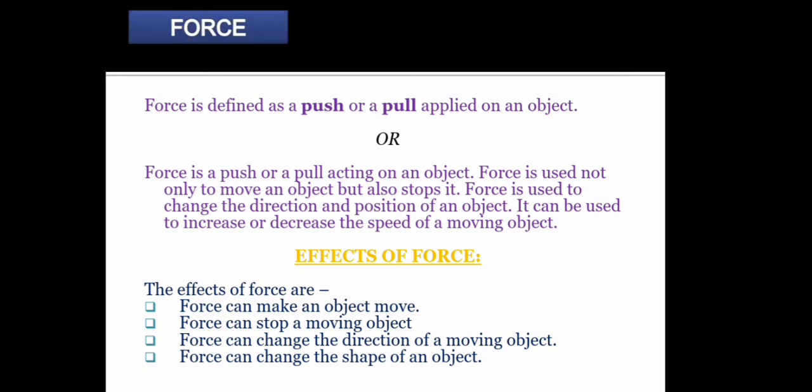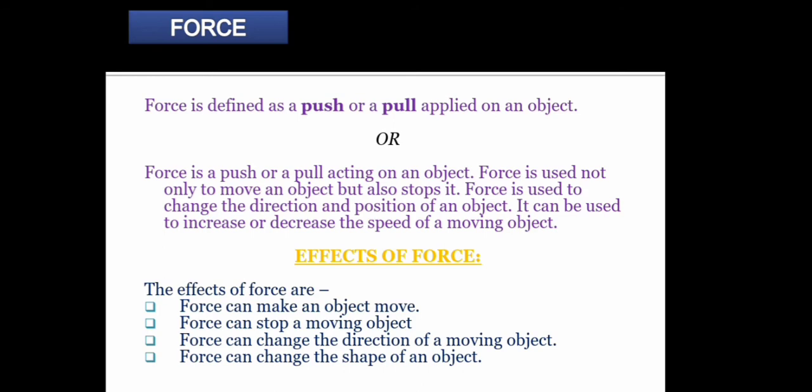Now moving to the effects of force. First, force can make an object move. For example, a stationary object is kept, and if we apply a force it will start to move. Like a football player kicks a ball to make it move, or a boy pushes a cart to make it move forward, right?